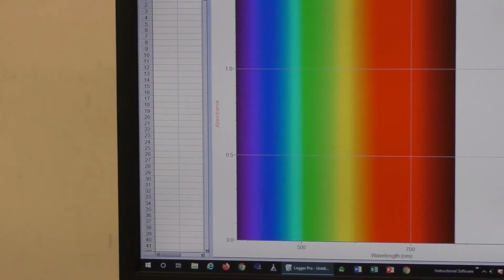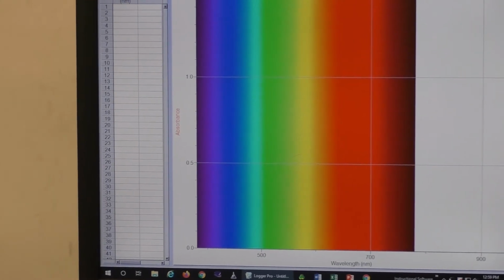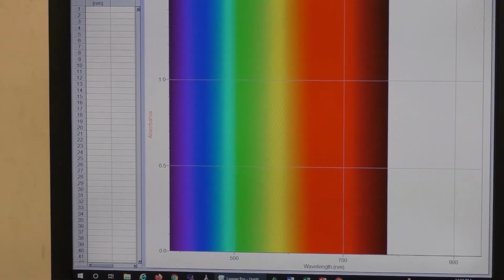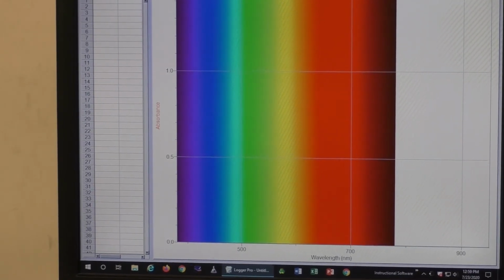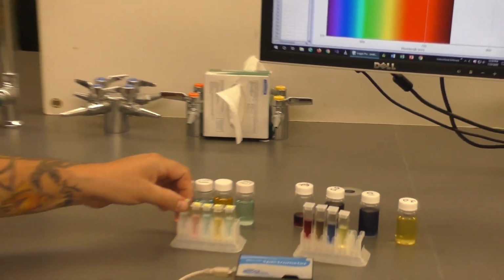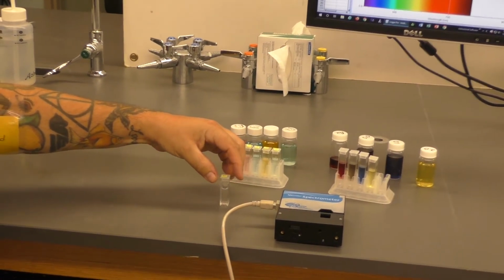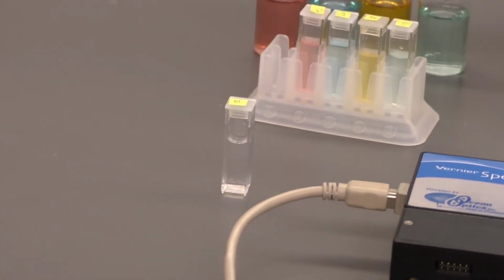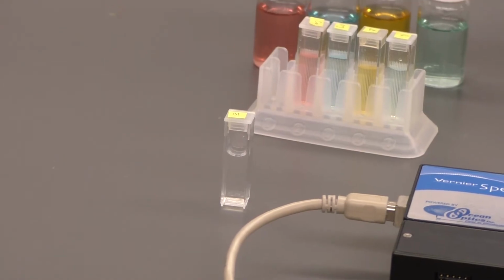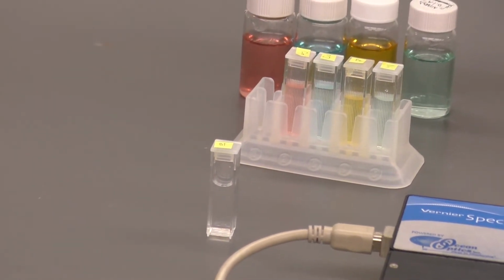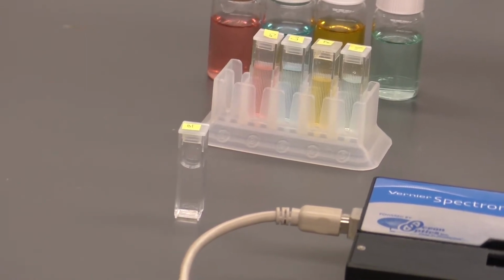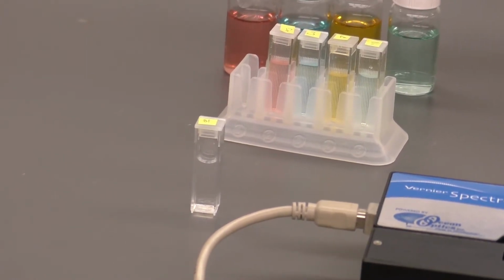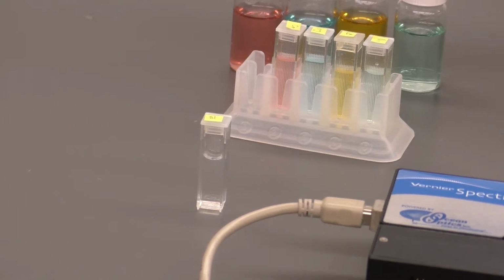So before we can get all started, what we have to do is called blanking out the spectrometer. And what that means is we're going to put a solution in the spectrometer that is really just the solvent that all the metal ions are dissolved in. And so we are only interested in the light that is absorbed by the metal ions. We're not interested in the light that might be absorbed by the water that the ions are dissolved in.